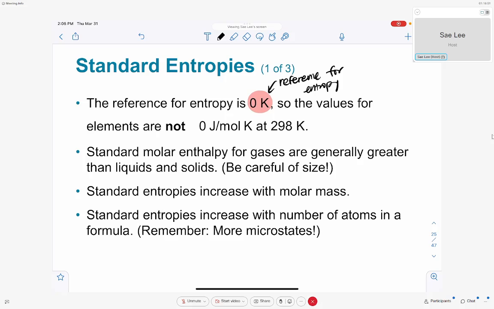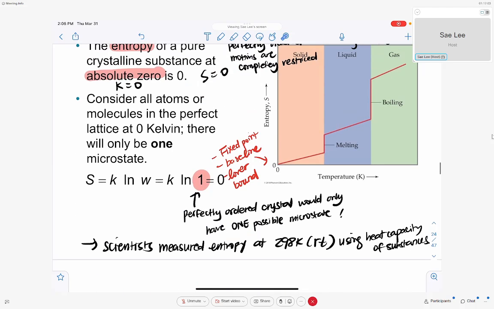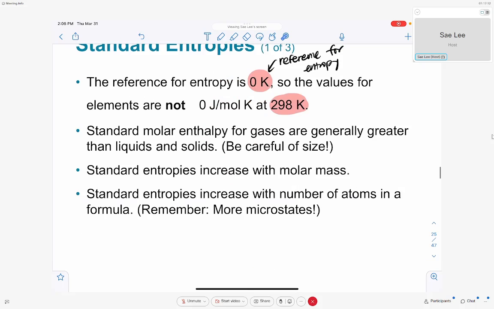Can the entropy values of elements at room temperature be zero? It just cannot be zero. It has to be higher than zero. Any temperature above 0 Kelvin, such as 298 Kelvin, will have an entropy value higher than 0. That's what this sentence is talking about.